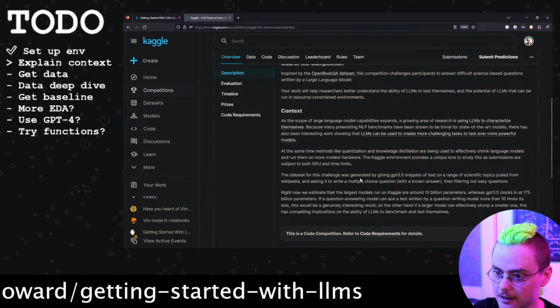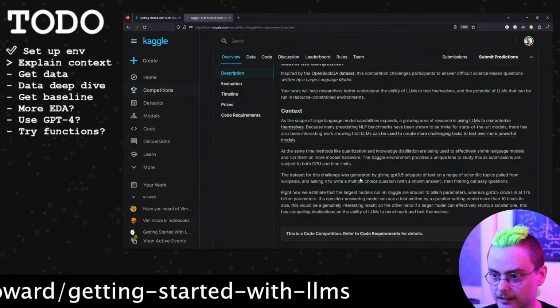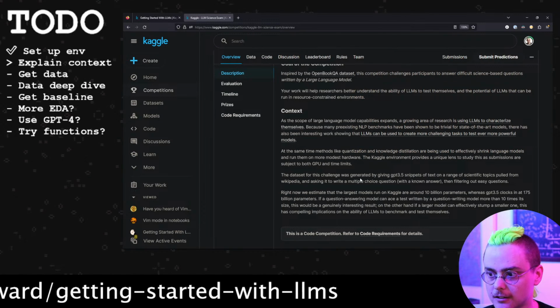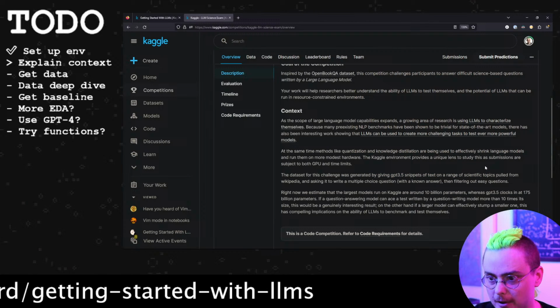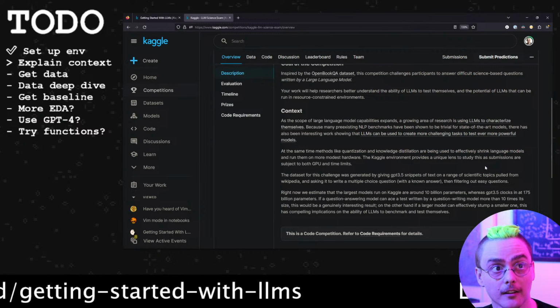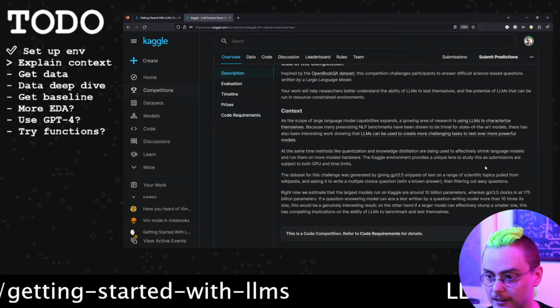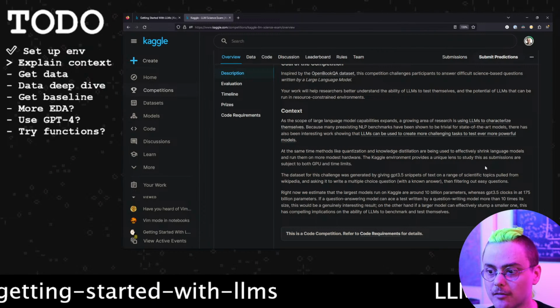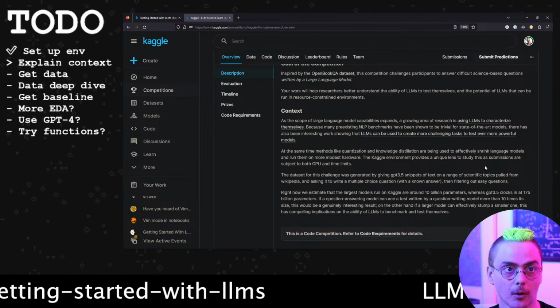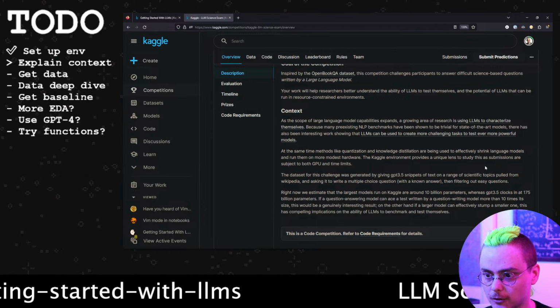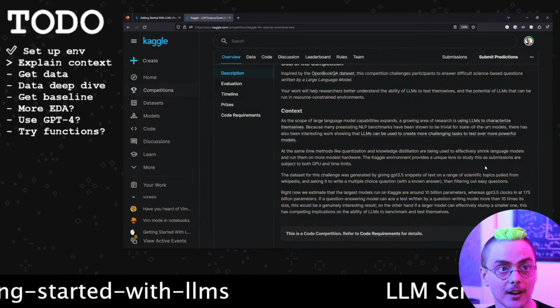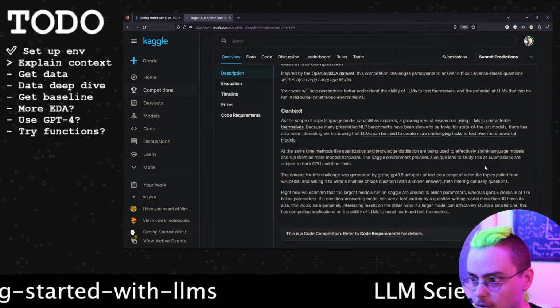They created this data set by giving GPT 3.5 snippets of text on a range of scientific topics pulled from Wikipedia. So we've got chunks of Wikipedia pages about science, and then GPT 3.5 writes a multiple choice question with a known answer. The answer is in that passage of text, and it just generates a multiple choice question.